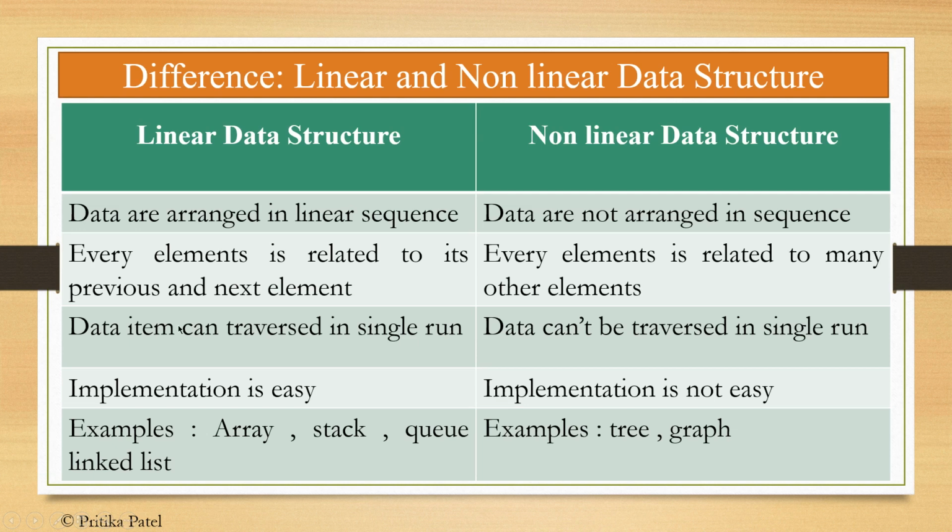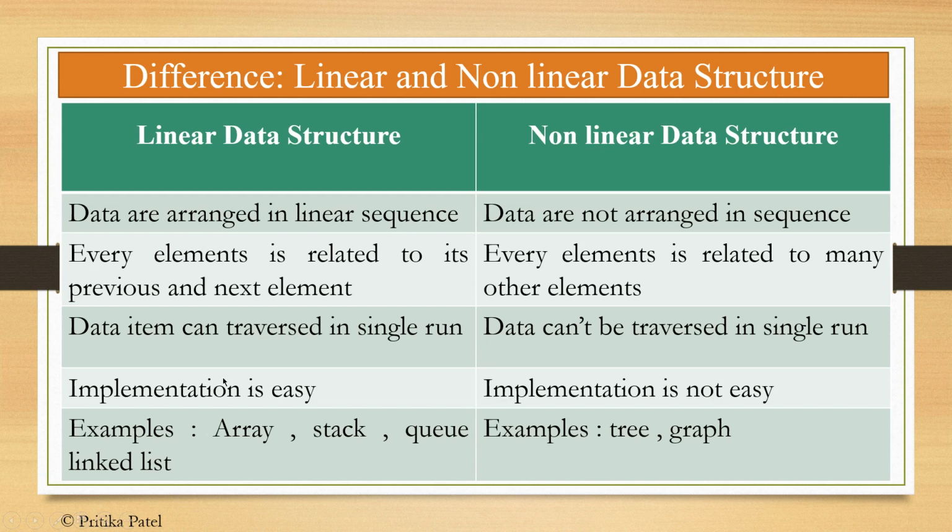In linear data structures, data items can be traversed in a single run. We can traverse all elements of a linear data structure in a single run. Whereas in non-linear data structures, data can't be traversed in a single run because each is related to more than one element.